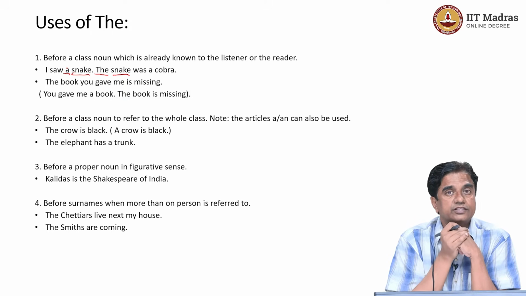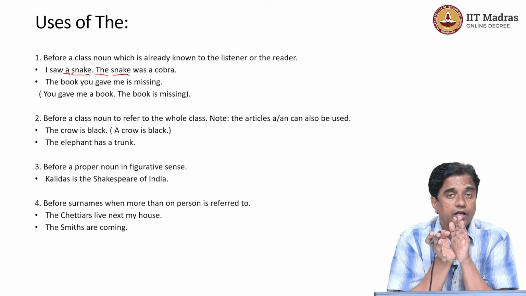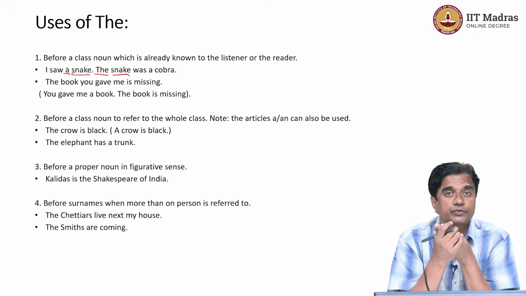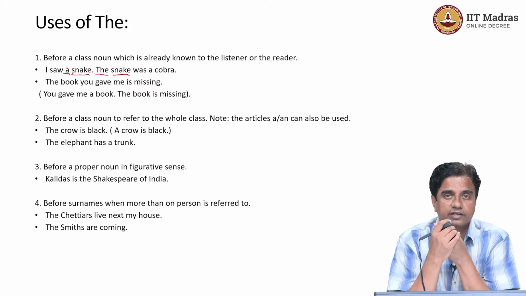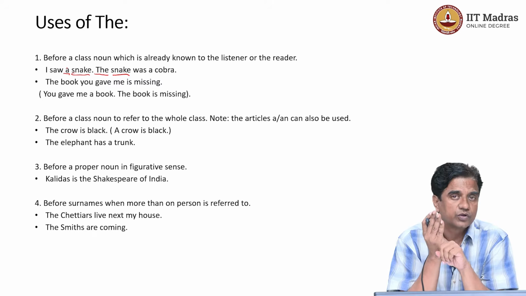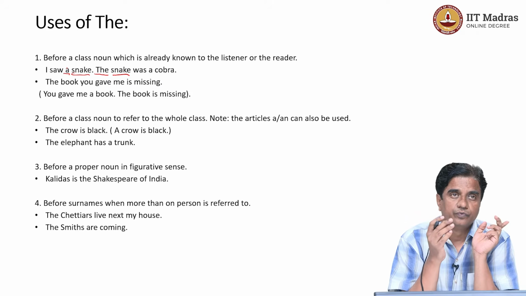In the second sentence, which is part of the discourse, I have already informed you about the snake, I saw a snake. Now the next time I am referring to that snake, I can use the definite article. That is the meaning. When I say the snake was a cobra, I am talking about which snake? The snake that I saw.